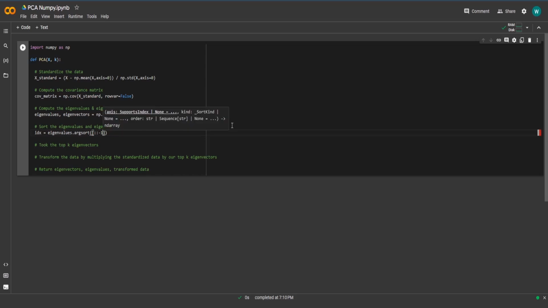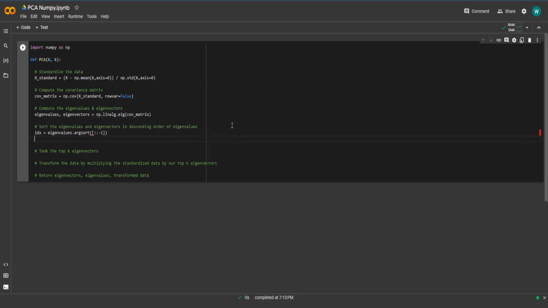Okay, so this gives us the indices of the eigenvalues in descending order. Looks like I made a mild error here. So boom, done. Next, our eigenvalues are going to be in descending order based on our indexing here.